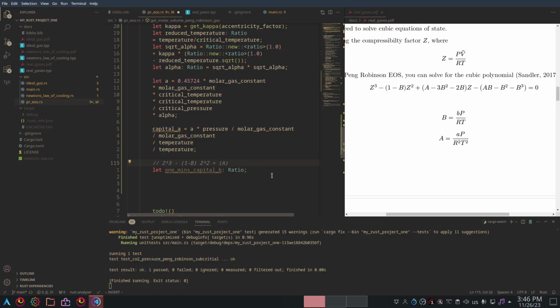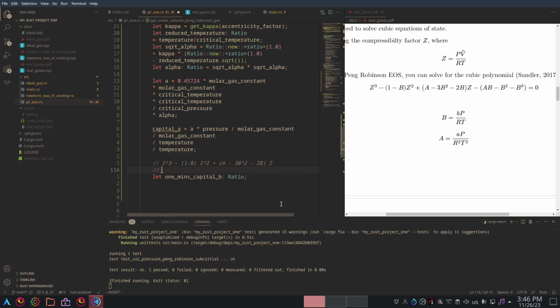So I'm copying this equation, and then I'm defining terms right here, like 1 minus capital B. So 1 minus capital B is this term here. A minus 3B squared minus 2B. Okay, and this is the Z term.